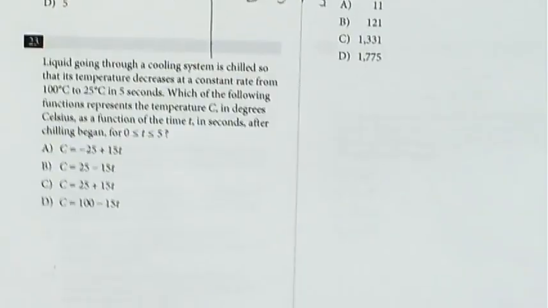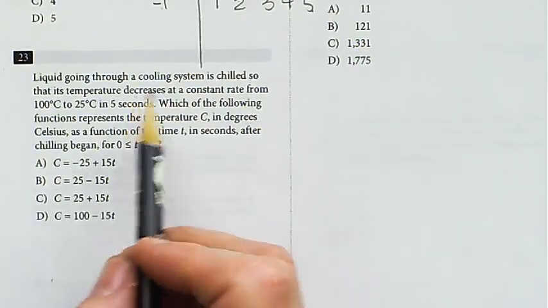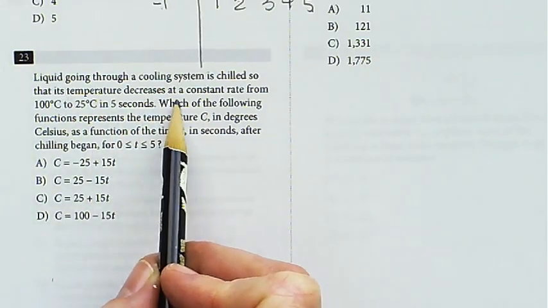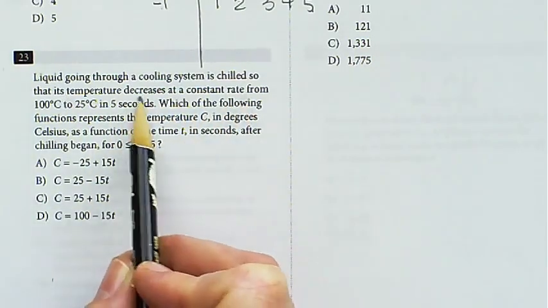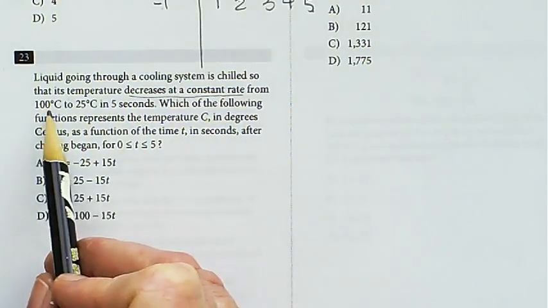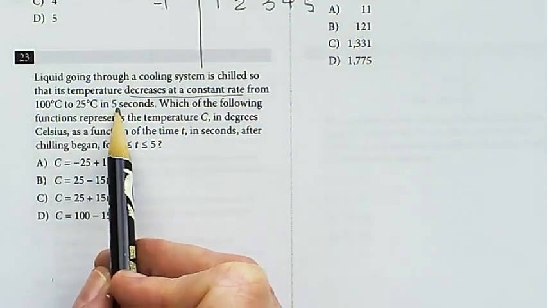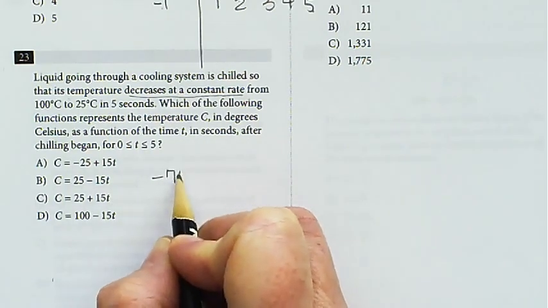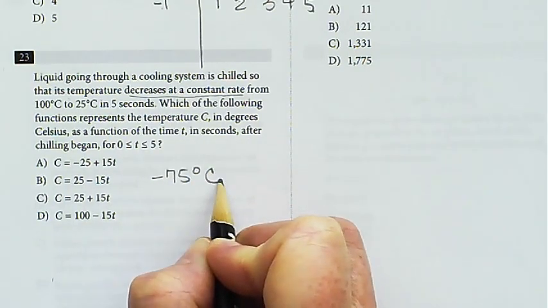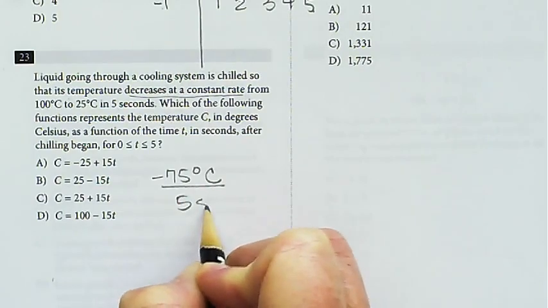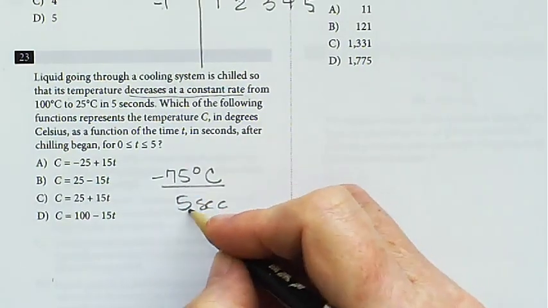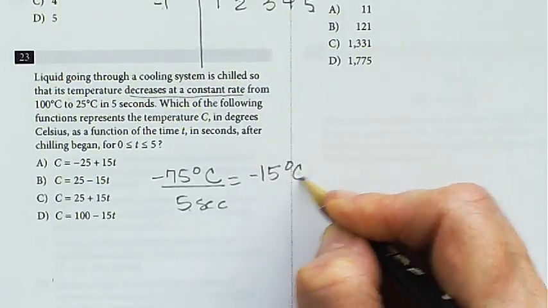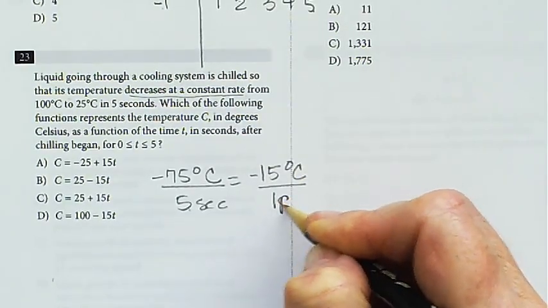Okay, number 23, liquid going through a cooling system is chilled so that its temperature decreases at a constant rate. So we're talking about a linear equation, from 100 to 25 in 5 seconds. So that's a decrease of 75 degrees in 5 seconds. 75 divided by 5, that's 15, so it's a decrease of 15 degrees per second.